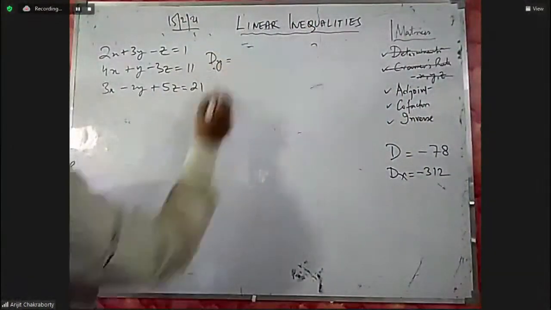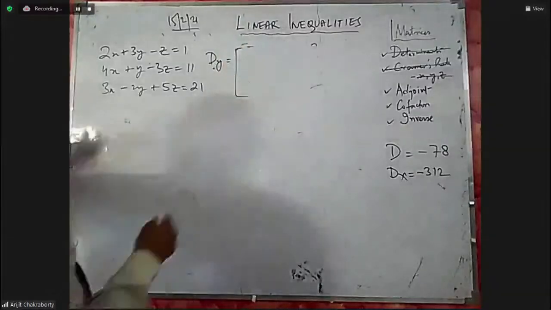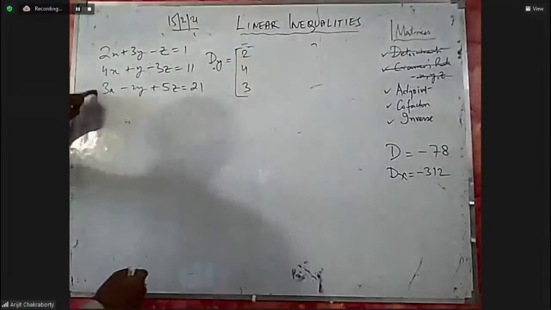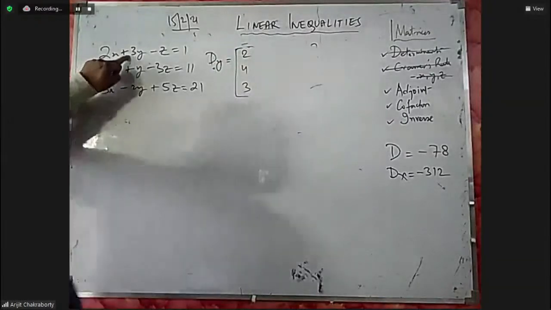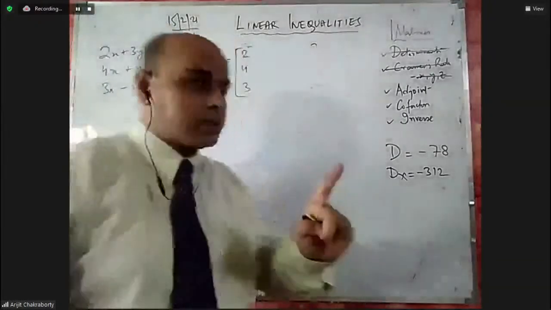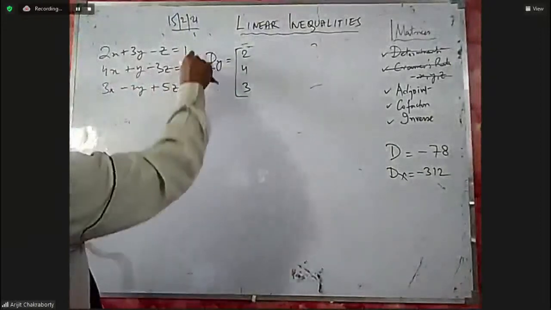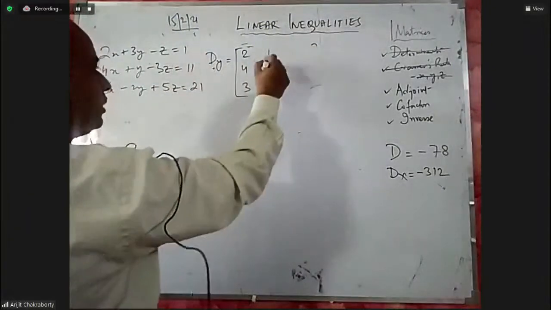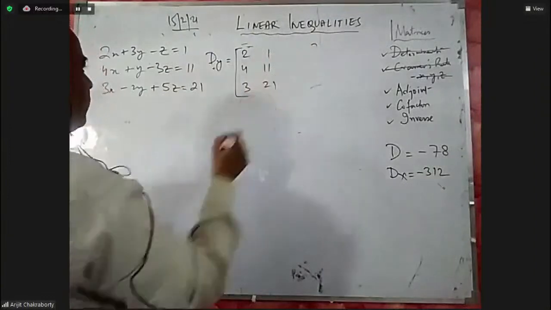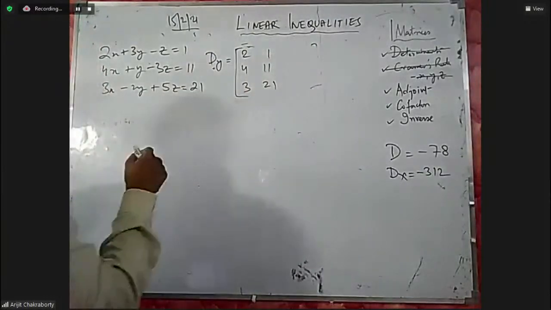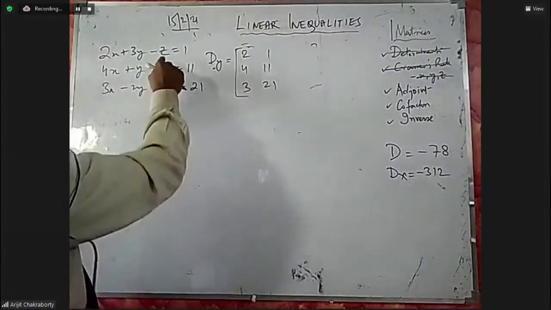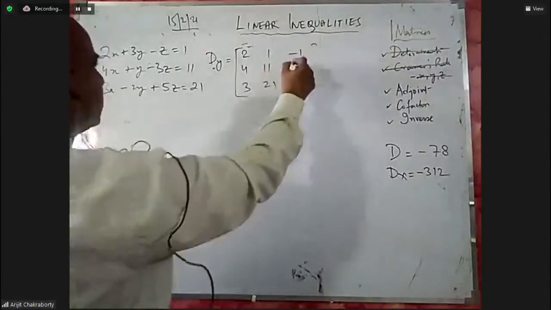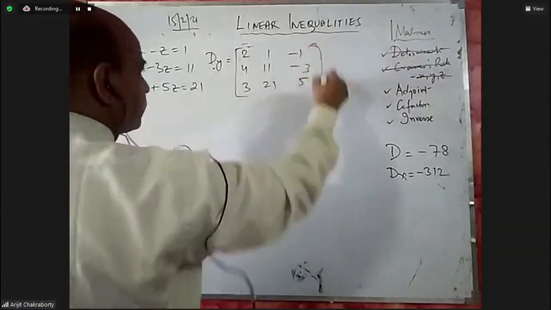dy is equal to 243. The coefficient of x remains as it is, but instead of the coefficient of y, we will put the constants, that is 1, 11, and 21. The remaining part, for z, will remain as it is: -1, -3, and 5.